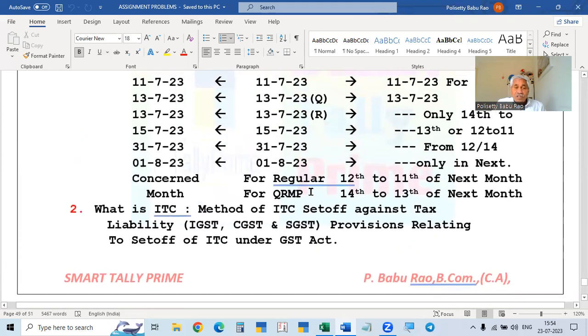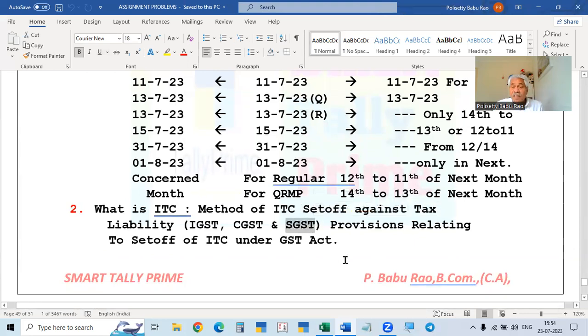Okay, so this input tax credit as well as the output tax we collected, both will consist of three heads: IGST, CGST, and SGST. This SGST also includes UTGST in some cases. In the case of states with legislative assembly, the SGST is applicable.